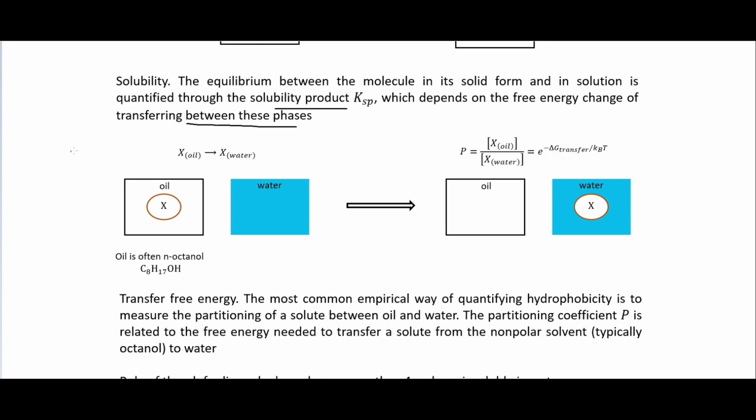So we're looking at the transfer of it going from the oil phase into the water phase, where the oil could just be our N-octanol. So we get our P for the partitioning here, which is just the concentration in the organic over the concentration in the water here. So we get the delta G for the transfer between those two phases there.